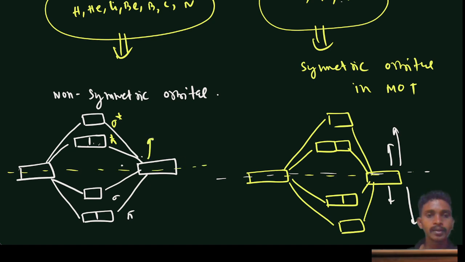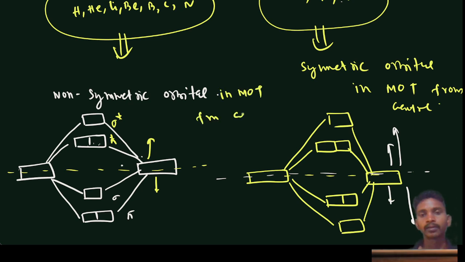So this is unsymmetric from the center. Here we will get the pi, here we will get the sigma, but here if we get the pi, here also we will get the pi. So this is unsymmetric from the center. Symmetric orbitals in MOT from center, and this is non-symmetric orbitals in MOT from center.